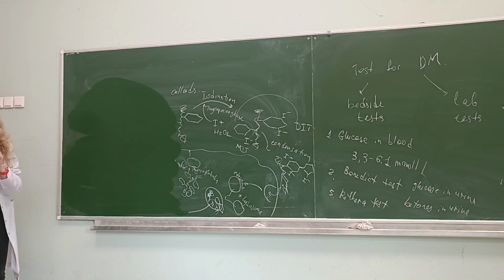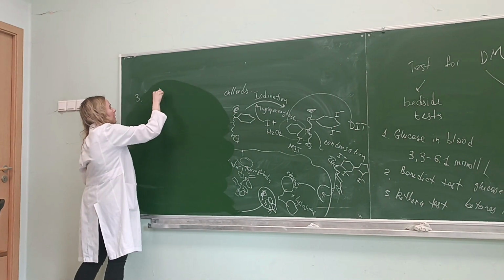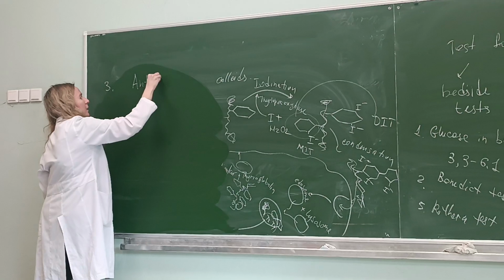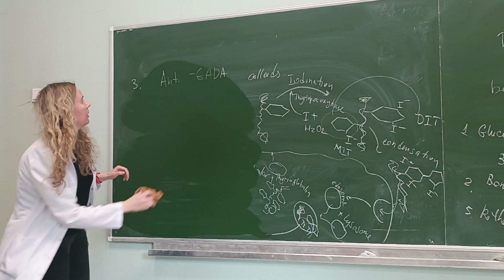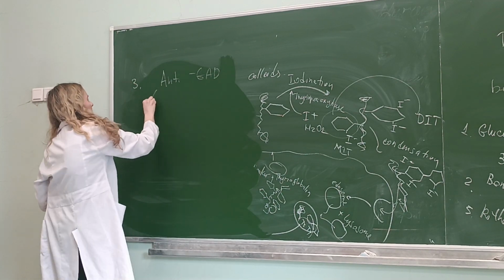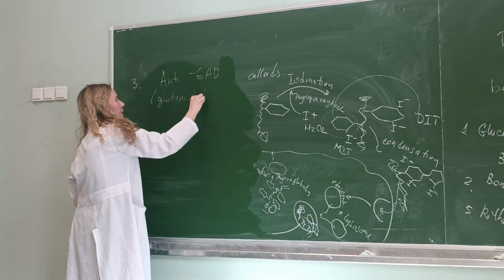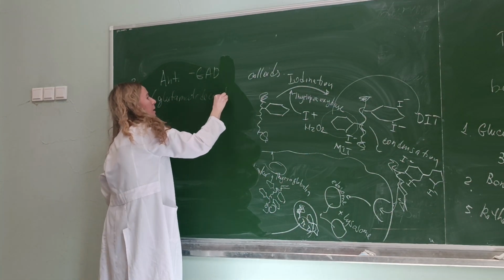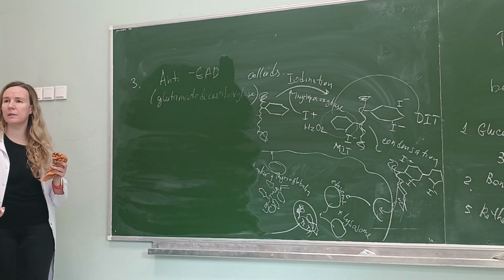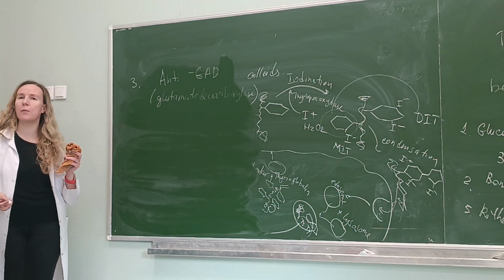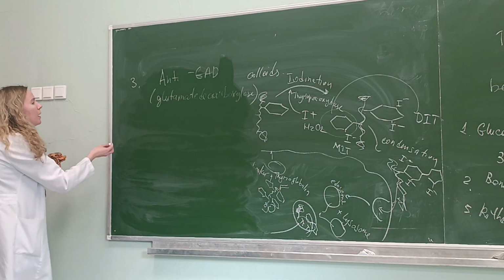So what antibodies can we check? Anti-GAD, glutamate decarboxylase. This enzyme is present in beta cells, so patients with diabetes mellitus type 1 will produce antibodies against this enzyme. What else?